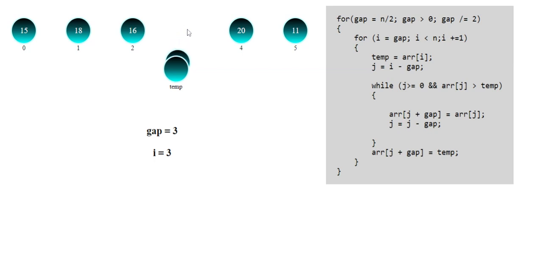Initially the gap is 3, so 13 and 15 are compared. 15 is greater, so 15 goes here and 13 goes to this position.